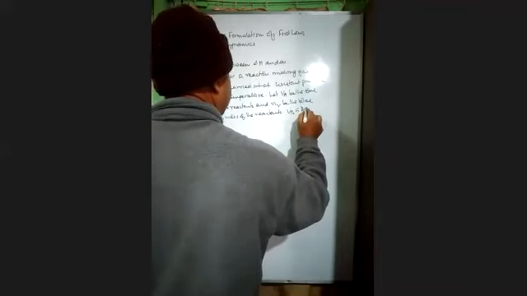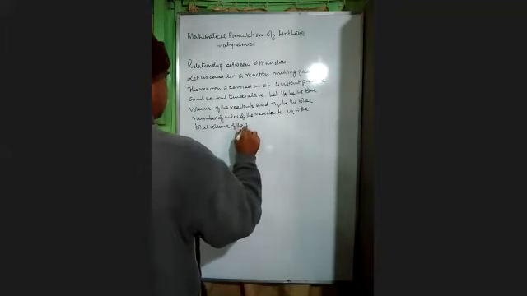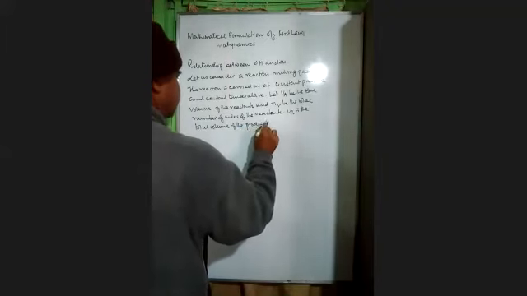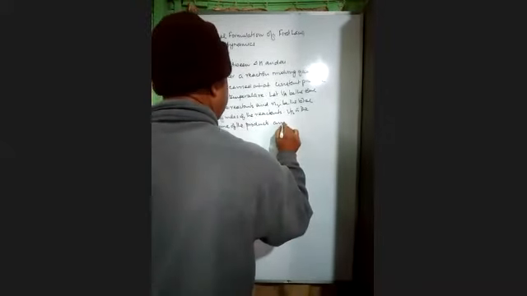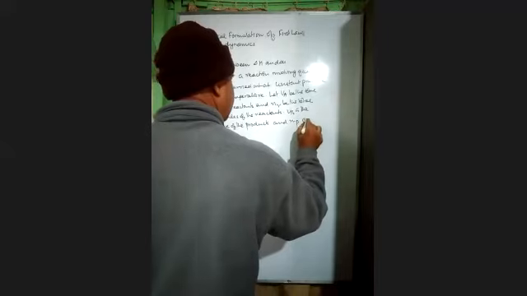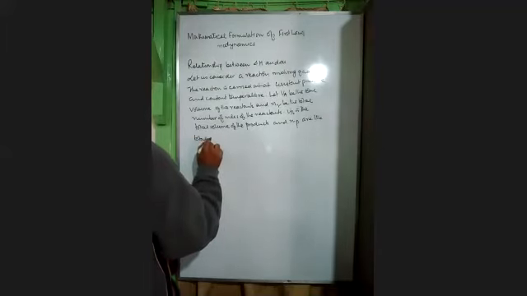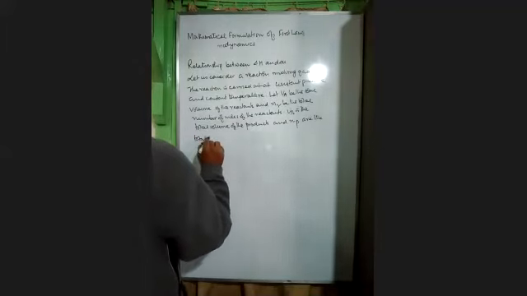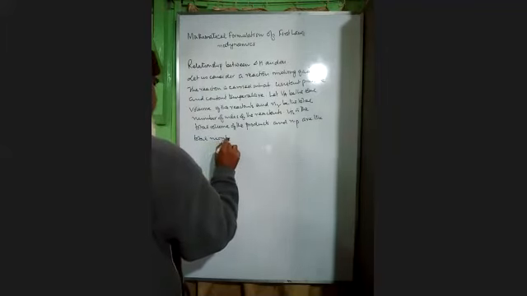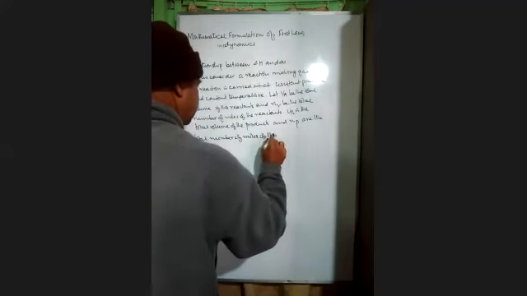V_B is the total volume of the products and n_P are the total number of moles of the products.